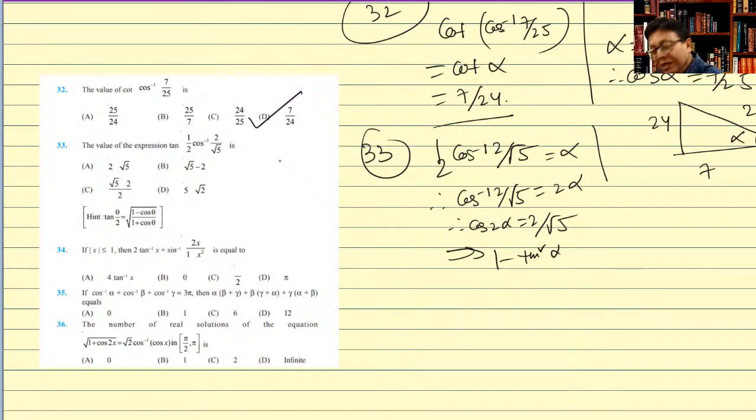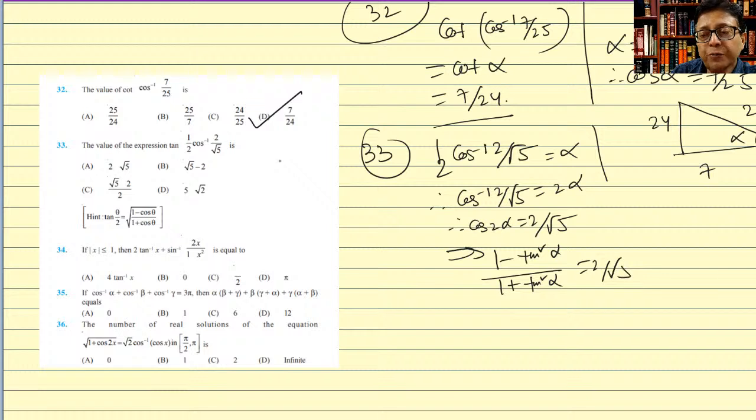1 minus tan square alpha by 1 plus tan square alpha equals 2 by root 5. Solve it. Just do it for tan alpha. Find the value of tan alpha from here.